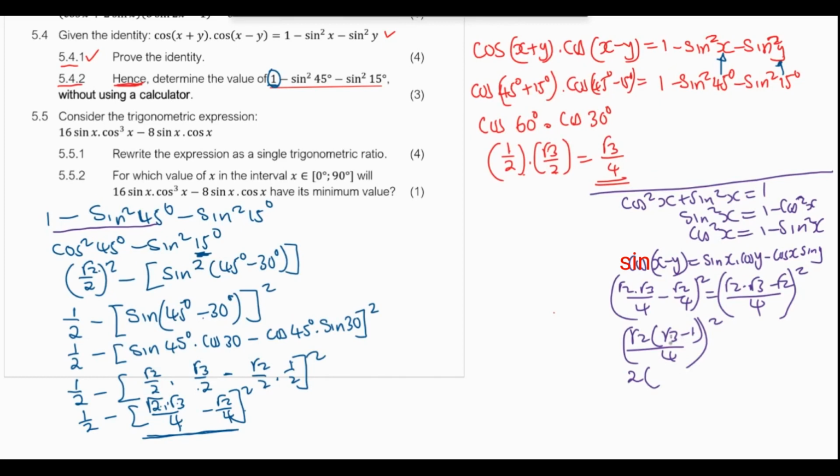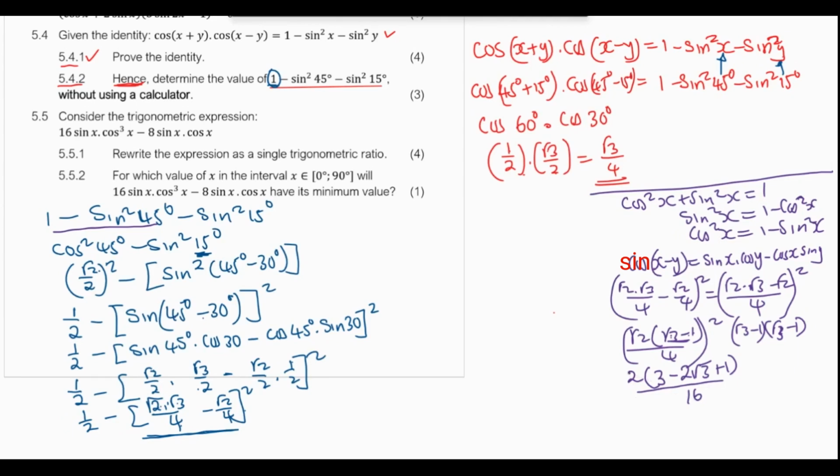So root 3 squared is 3, and then 2 times root 3 times negative 1, that is negative 2 root 3, and then you square the 1, you get positive 1. We have squared this part. Okay, if you want, you can use the FOIL method, the long way. Say root 3 minus 1 times root 3 minus 1, and then you expand. It will simplify to this. And then over 4 squared, which is 16, right?